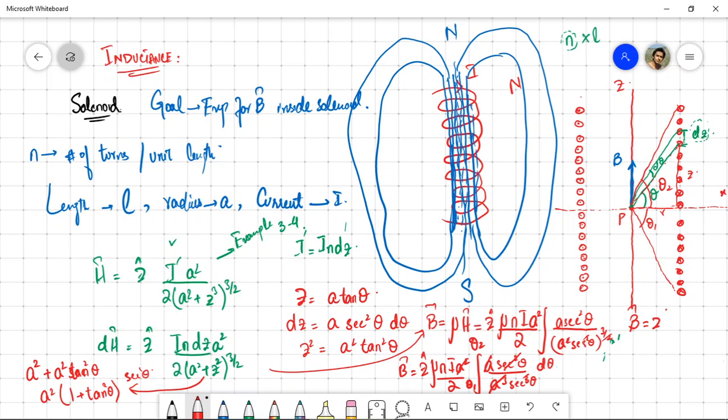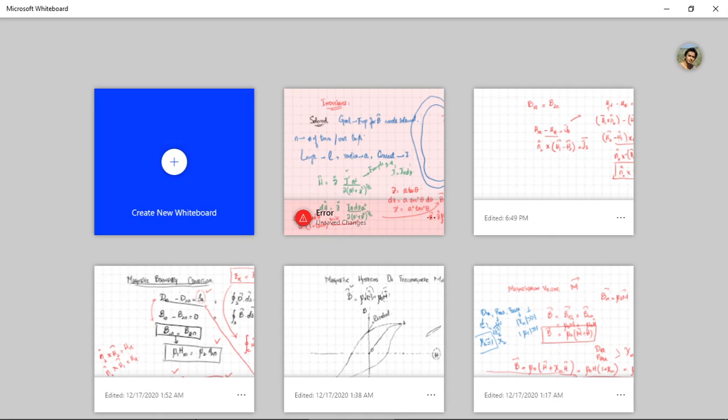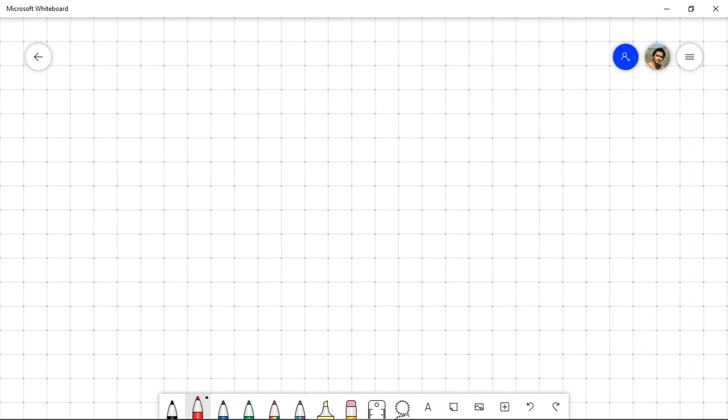B is equal to z hat mu n I over 2, and inside this we'll have sine theta 2 minus sine theta 1. So let's go to another whiteboard. We have B is equal to z hat mu n I divided by 2 sine theta 2 minus sine theta 1.